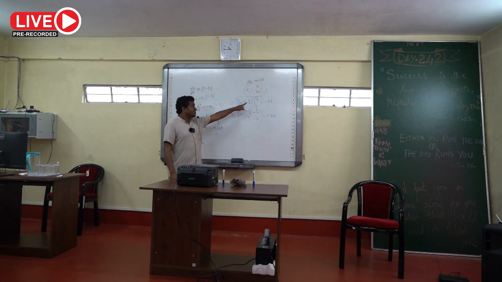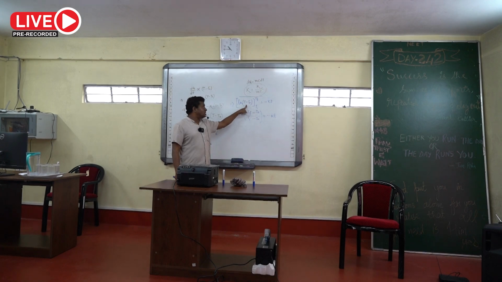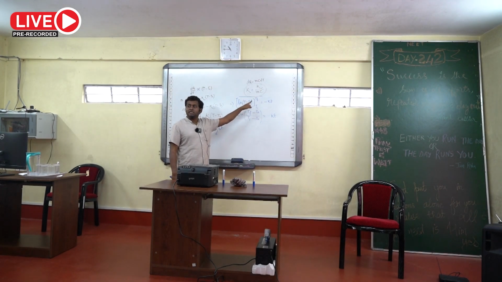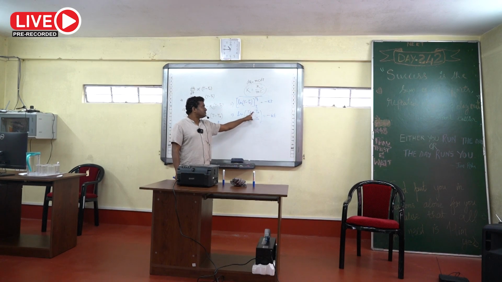How? Putting the upper limit, it will be log of Tf minus T naught minus log of Ti minus T naught. Then log A minus log B will be log A by B. I have written it directly: log of Tf minus T naught by Ti minus T naught.